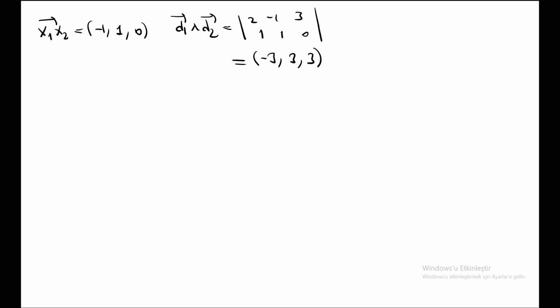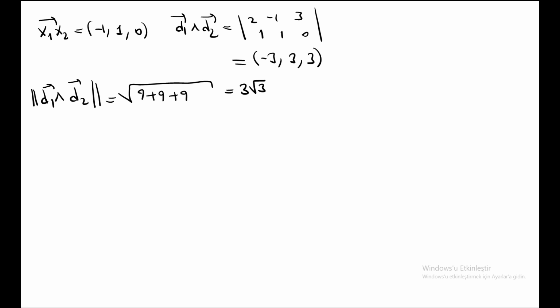Okay, now we need the norm of the d1, d2 cross product. So you have this one, 9 plus 9 plus 9. So 27. So 3 square root 3.